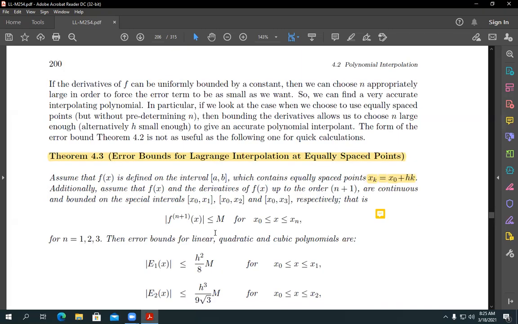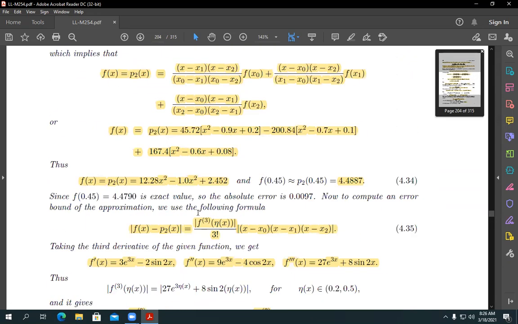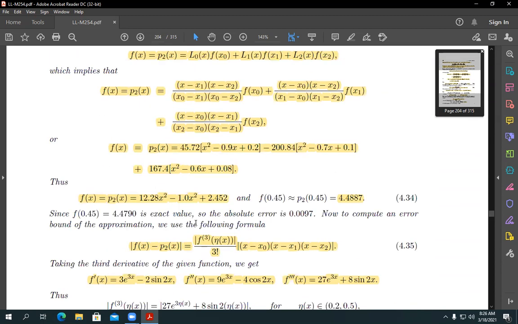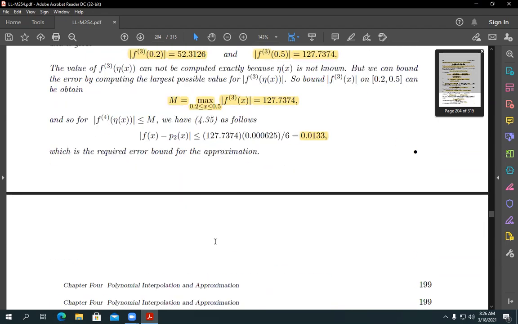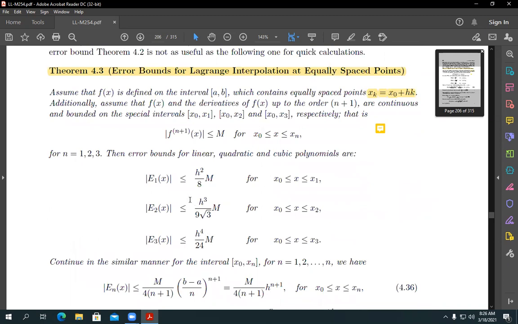Let's say I give you, for example, what is the error bound of degree 2? This is the error bound. Now for equally spaced points, you directly know the formula. If the teacher says find the error bound for degree 1, you have to memorize this.